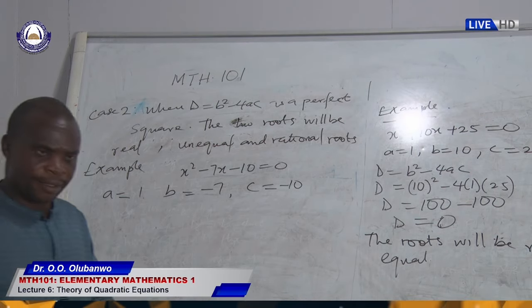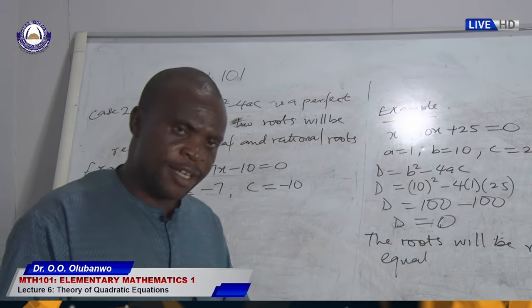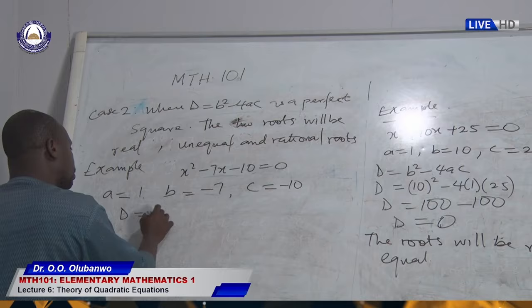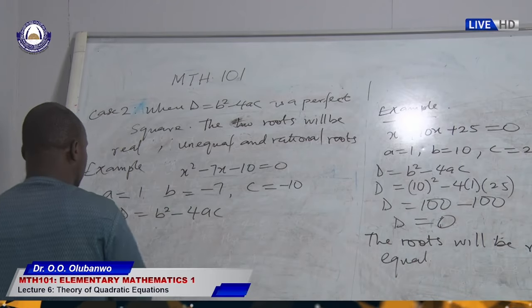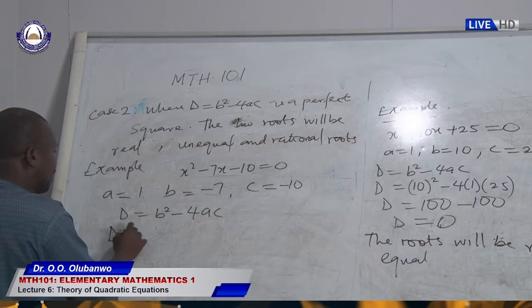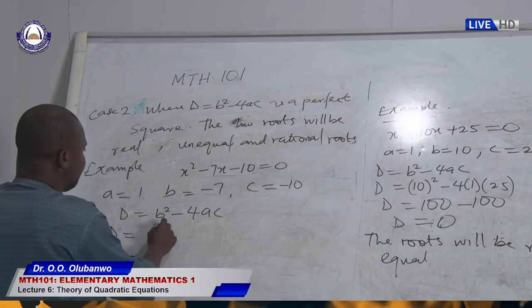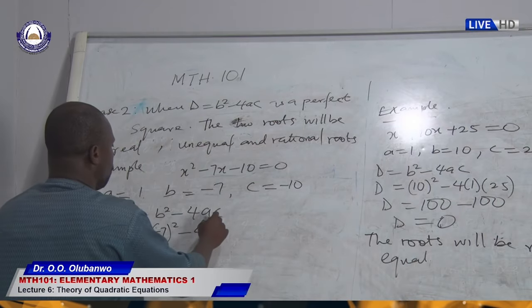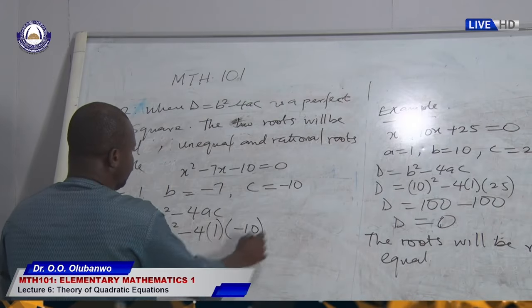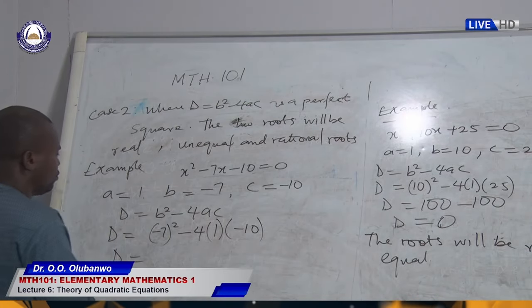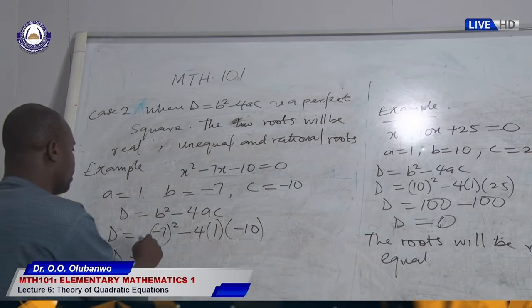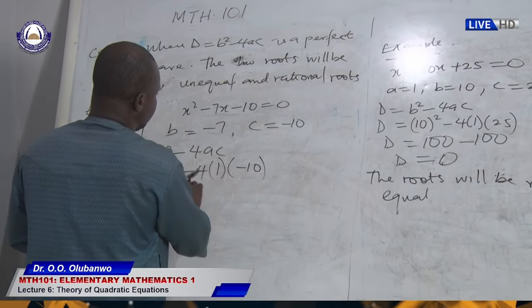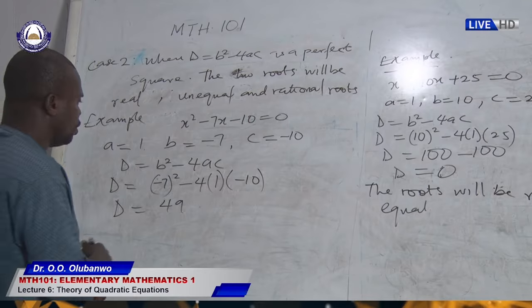Going back to our formula, D is equal to b squared minus 4ac. So our D will be -7 all squared minus 4 times 1 times -10.